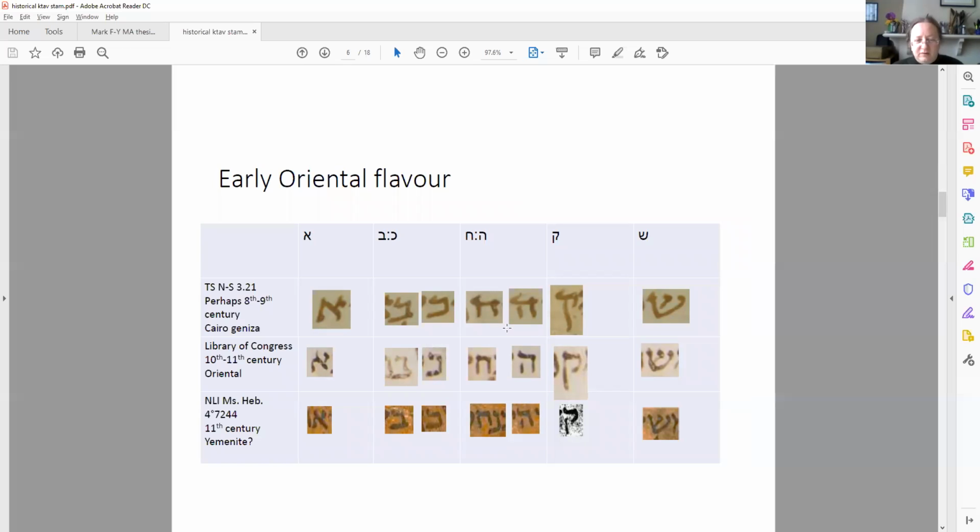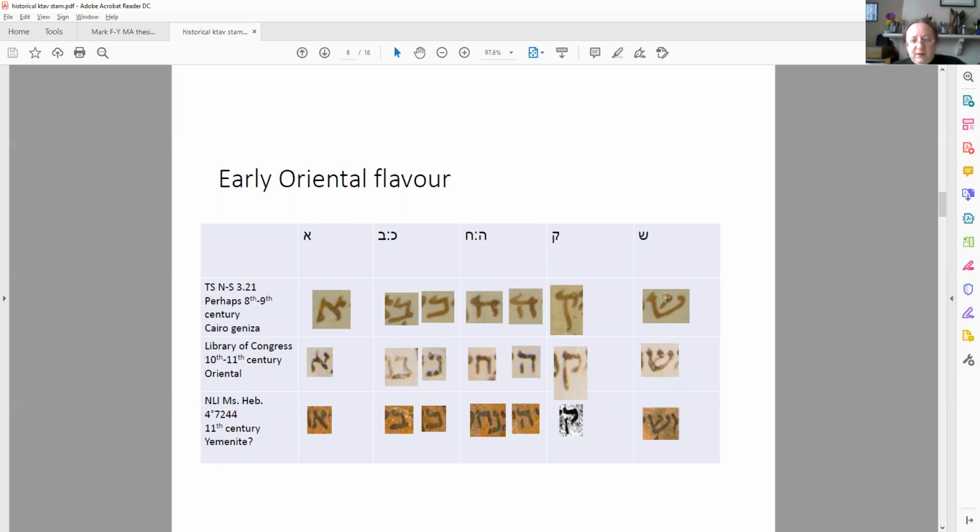And it can be awfully difficult to tell the difference between a hay and a chet in the early scripts. A bit later, the leg of the hay has become detached, which helps us tell the difference. Flat-topped chet all through. And the one from the Geniza on the top row has these very exuberant serifs, great big curly things.